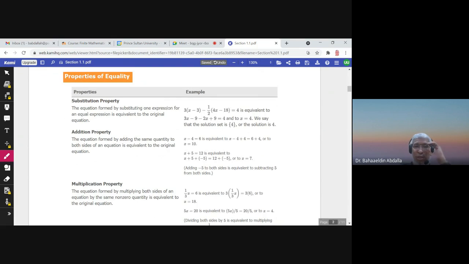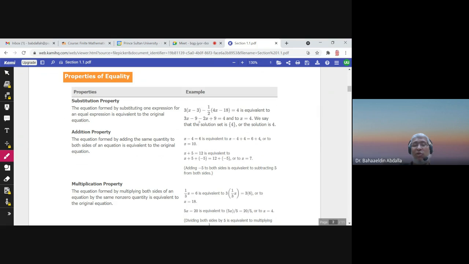Substitution property means if you have an equation like this, you can simplify the left-hand side and write it again here. So if you simplify this, 3x minus 9, expanding, negative half times 4 is negative 2x, negative half times negative 18 is positive 9, equals 4.